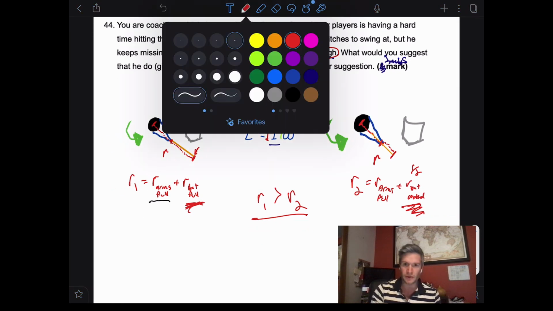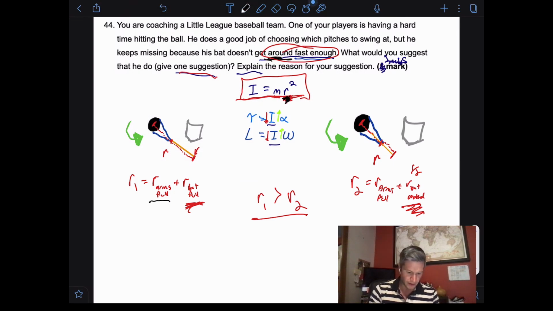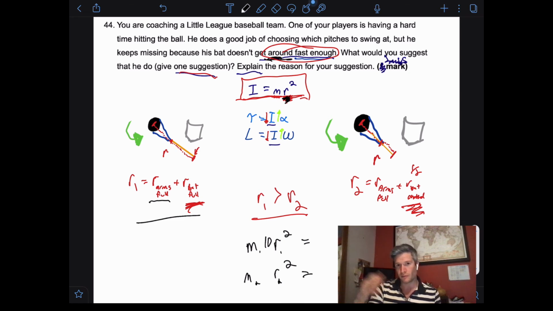Okay, so if we carry that forward into a comparative moment of inertia calculation, just to see what that looks like, the mass is going to stay the same in both scenarios. That's why we can purely look at the R's. So we have mass 1 times R1 squared and mass 2 times R2 squared. We'll pick a number for R in our first scenario, say 10 meters, whatever.